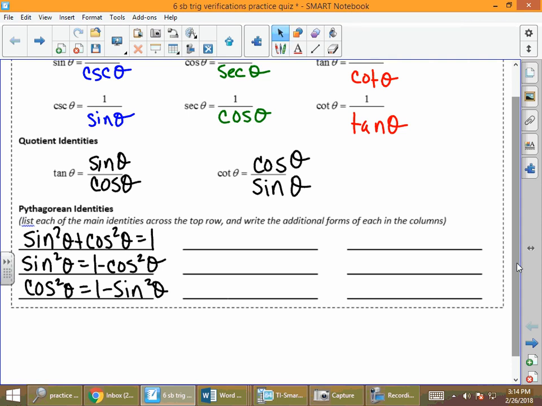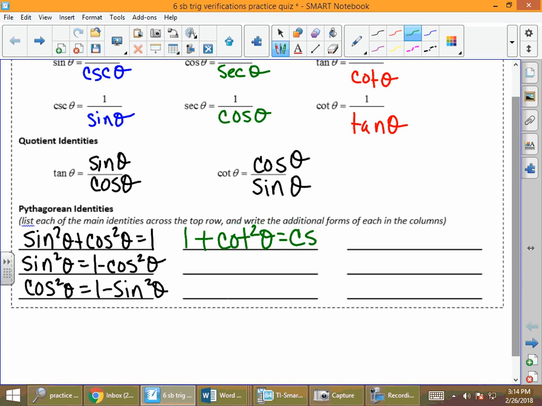Well, from there, we came up with the next identity, which is 1 plus cotangent squared theta equals cosecant squared theta.